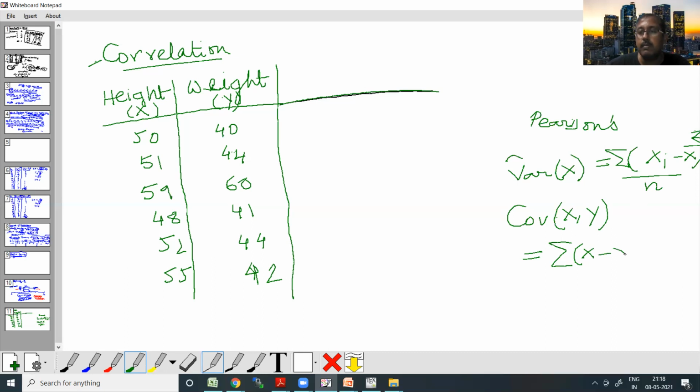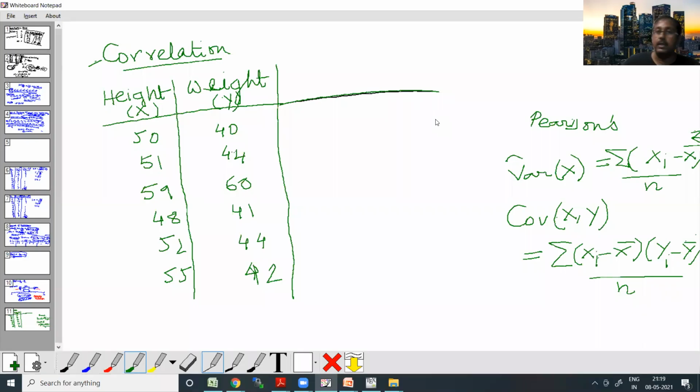So this is xi minus x bar into yi minus y bar. The product of that, and then we divide it by n. This is the measure of covariance between two variables x and y.